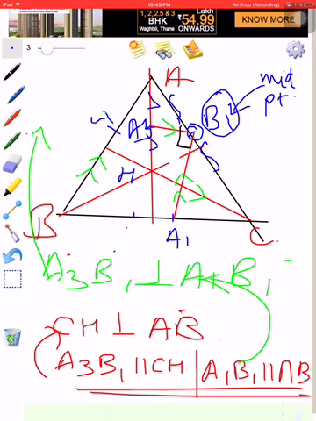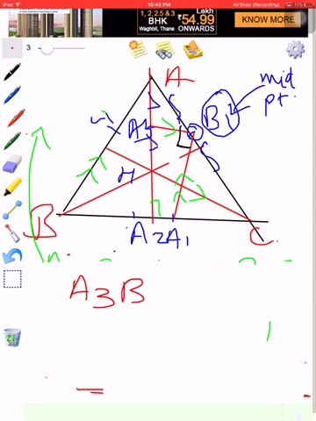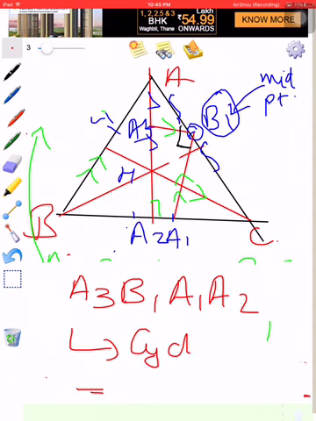Moving on. Now I get that angle A3B1A1 is equal to 90 degrees. So we've proved one 90 degree angle. I'll take this point A2 here, and I know this angle is 90 degrees. So I'm getting something more: A3, B1, A1, A2 is cyclic, thanks to the 90 degrees.